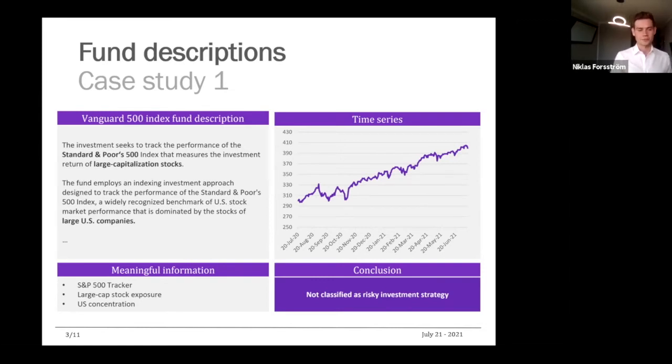So the meaningful information is summarized at the bottom left. And looking at the time series, we can see that this asset is frequently priced, and there are no immediate warning signs associated with this fund. So if we were to classify this fund, it would not be classified as a risky investment.